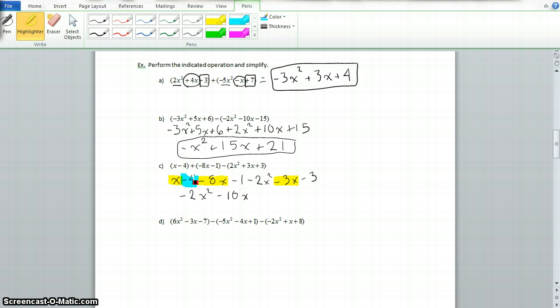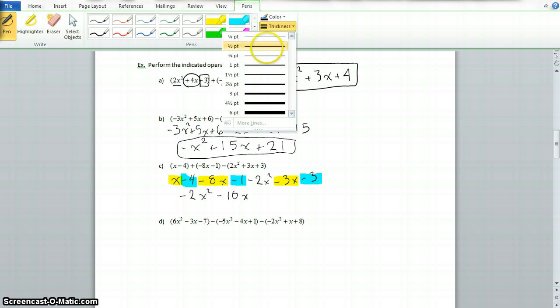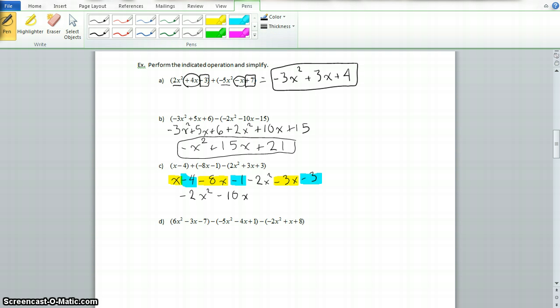We've got a negative 4, a negative 1, and a negative 3. So all those constants together, what's that make? Negative 8. Alright, good. Now, all of this is the answer for part C, where we had to add the first two and subtract the last one.